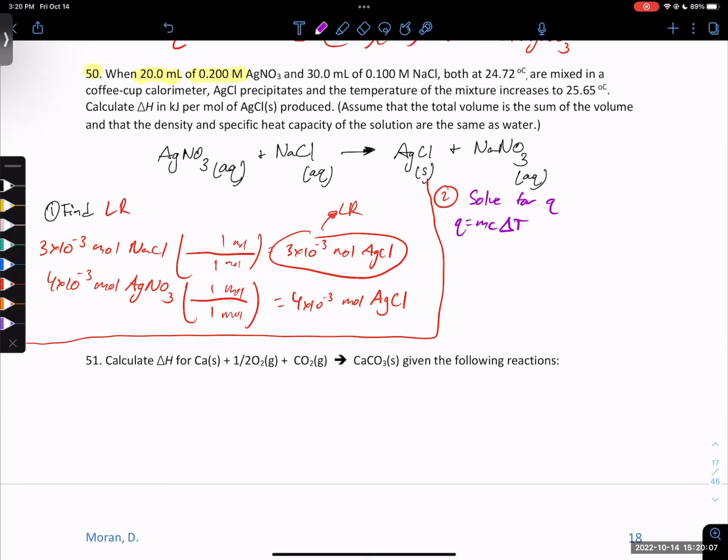So what we're going to do, we need the mass, so we're going to use the molar mass. So 4 times 10 to the minus 3. Wait, nope, wrong number. 3 times 10 to the minus 3, because that's how much product we make. 3 times 10 to the minus 3 moles of AgCl. And then we'll use our molar mass right here to convert this to grams. The molar mass of silver chloride is approximately a number that we will solve for.